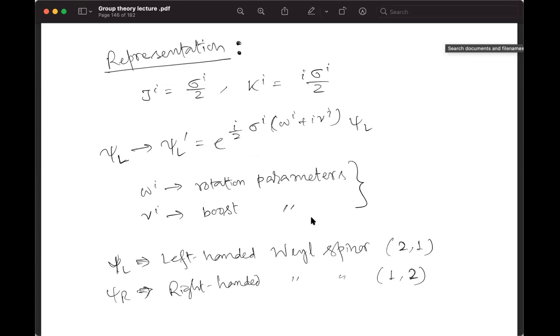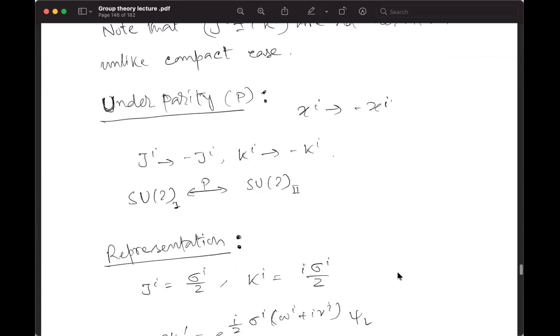So psi_L is the left-handed Weyl spinor which transforms like (2,1). That means it is two-dimensional under one of the SU(2)s and a singlet under the other one, and psi_R is the vice versa of that. And psi_L and psi_R are related to each other by this parity property.